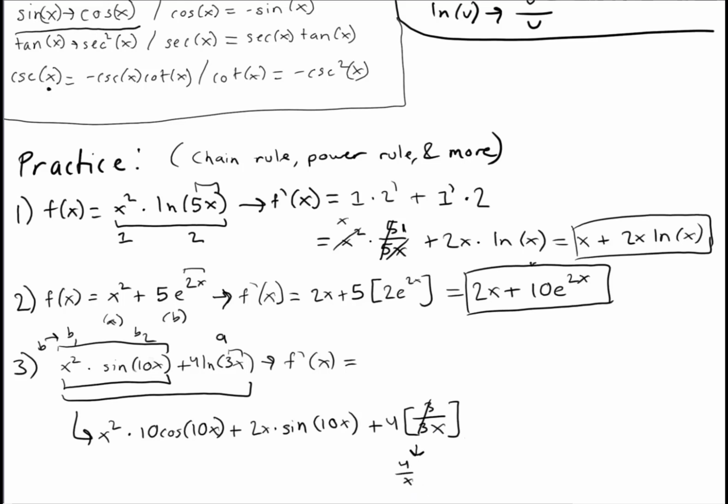So what do we get with our final answer? Let's combine this, and we're going to get x squared times 10 cosine of 10x plus 2x sine of 10x, once again, plus 4 over x. And that becomes our final answer.